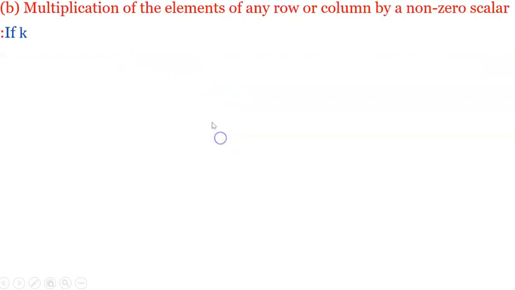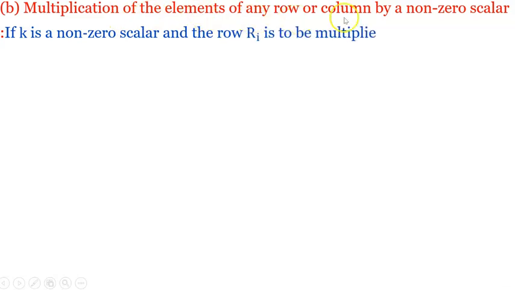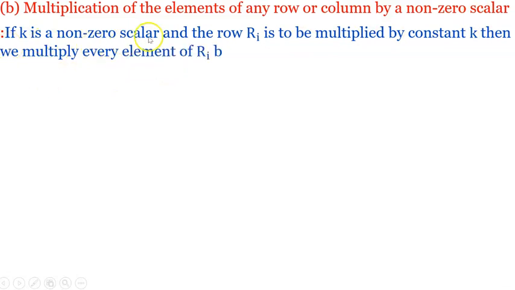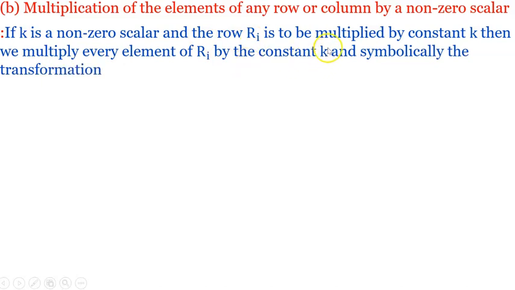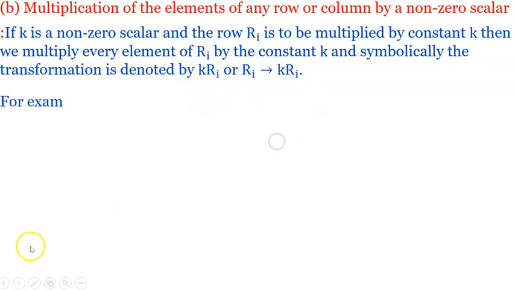Now next, multiplication of the elements of any row or column by a non-zero scalar. If k is a non-zero scalar and the row Ri is to be multiplied by the constant k, then we multiply every element of Ri by constant k, and symbolically the transformation is denoted by kRi, or Ri changes to k times Ri.